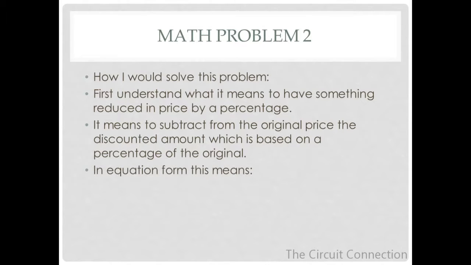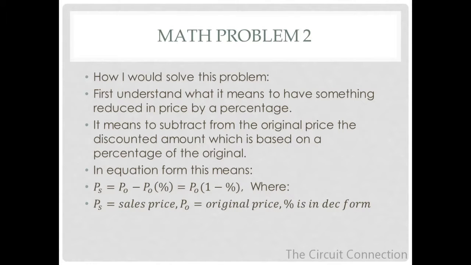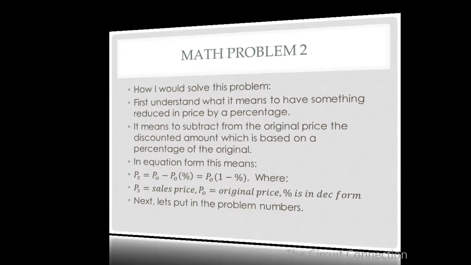So in equation form, this means P sub S equals P sub O minus P sub O times a percentage, which equals P sub O times (1 minus percentage), where P sub S is the sales price, P sub O is the original price, and percentage is in decimal form. So next, let's go ahead and start putting in the problem numbers.